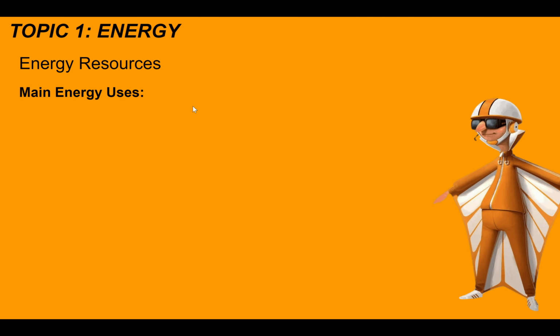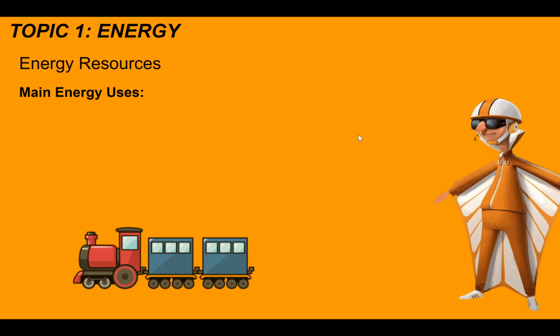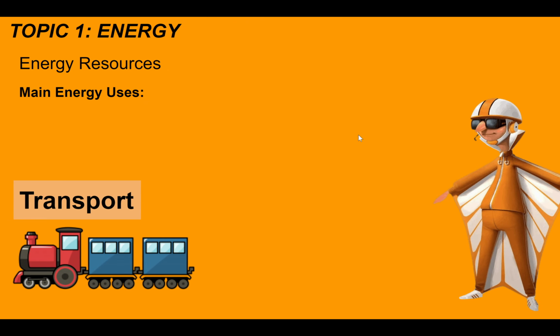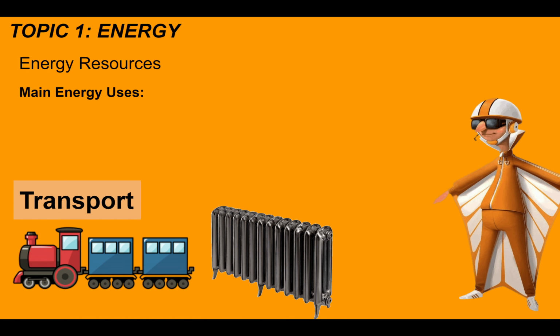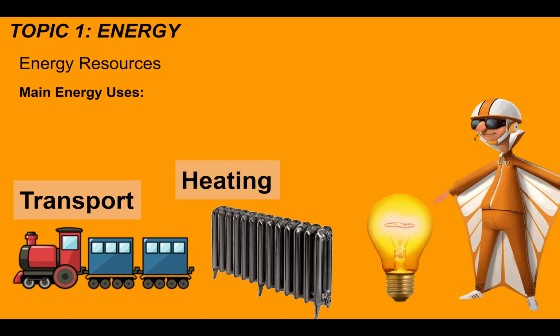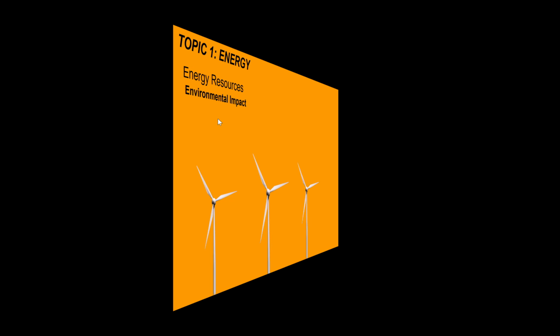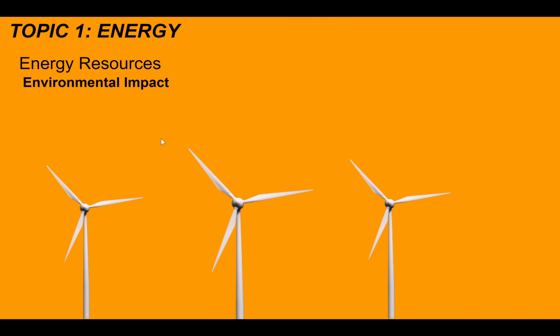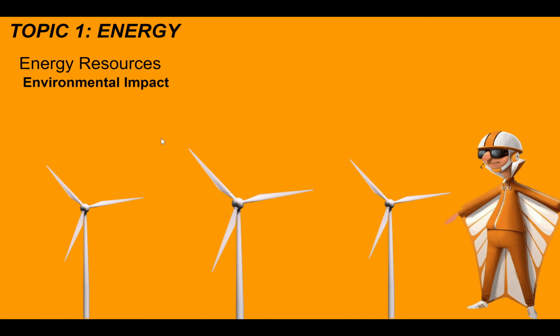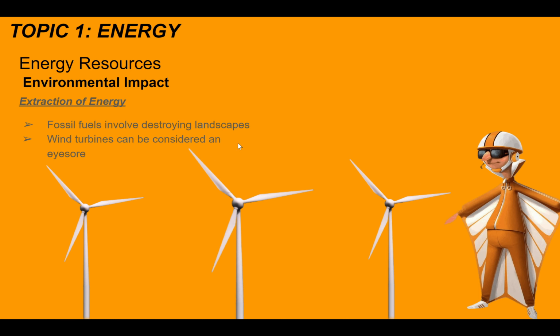So energy resources, main energy uses: transport, heating, electricity generation. Environmental impact. Fossil fuels involve destroying landscapes.